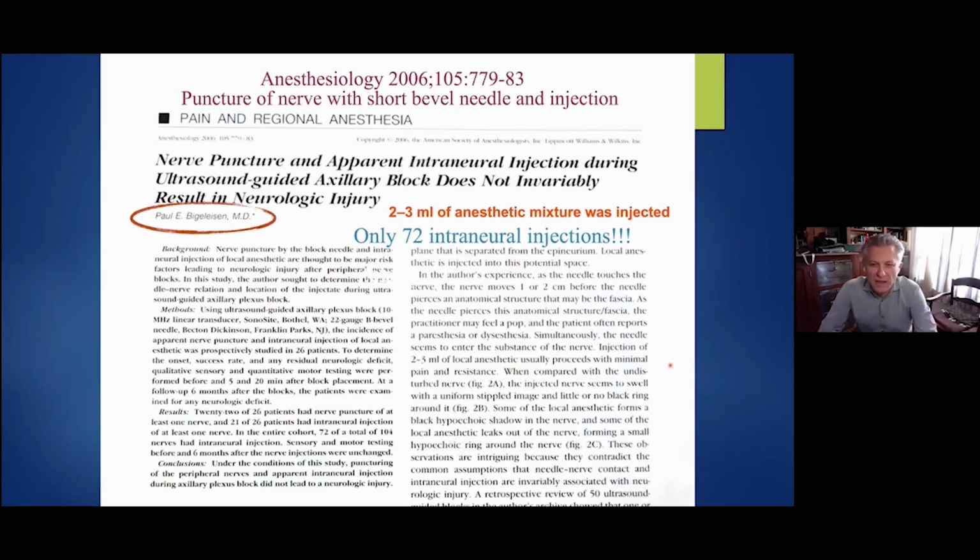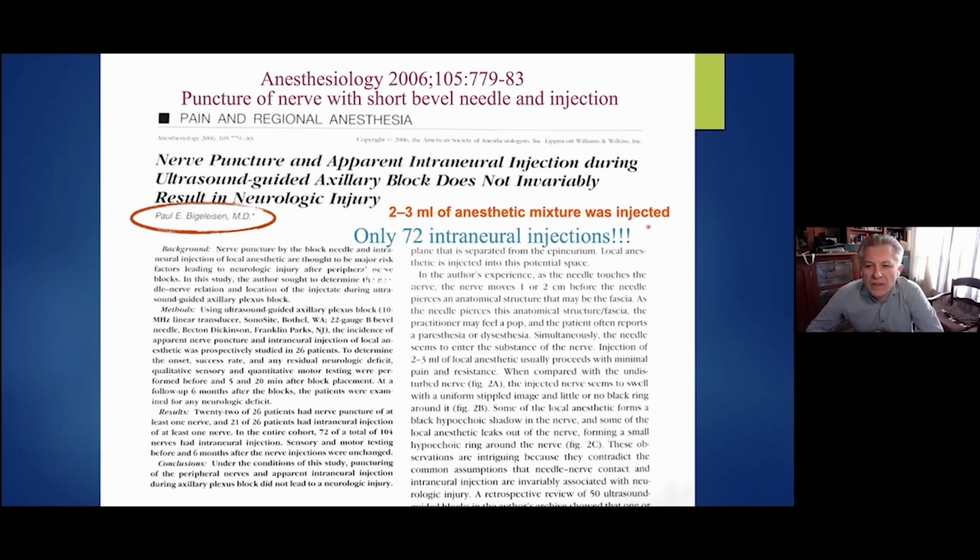In 2006, like I said, Paul Bigeleisen punctured different nerves of the brachial plexus with a short bevel needle and injected 2 to 3 milliliters of an anesthetic mixture into the nerve. But he injected only in 72 nerves.